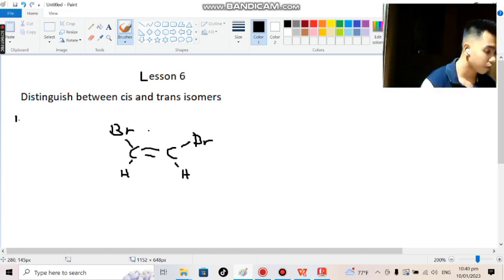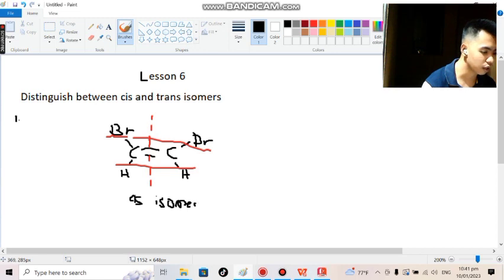Now you can say that this is a cis isomer since the two bromines are on the same side. What this means is that the two bromines are on the same side and the hydrogens are on the same side, meaning that they are aligned. So this is the example of a cis isomer.